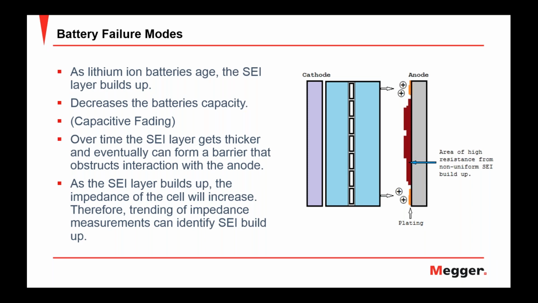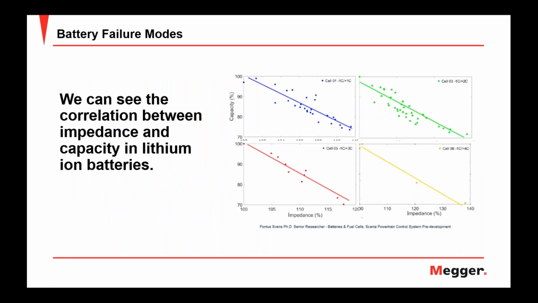This is why lithium-ion batteries do need to be derated over time, because over time, this layer gets thicker. So right here, we can actually see the correlation between capacity and impedance on the lithium-ion batteries. So as the impedance goes up, the capacity goes down.